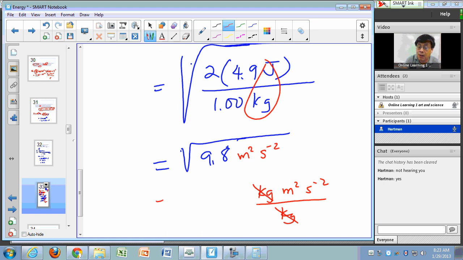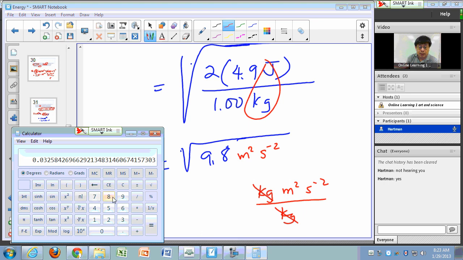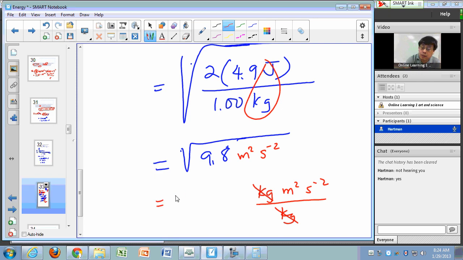So what's the square root of 9.8? If I want to take the square root of that, I have to raise it to the power 0.5, right? So that's going to be 3.13, so 3.1 meters.